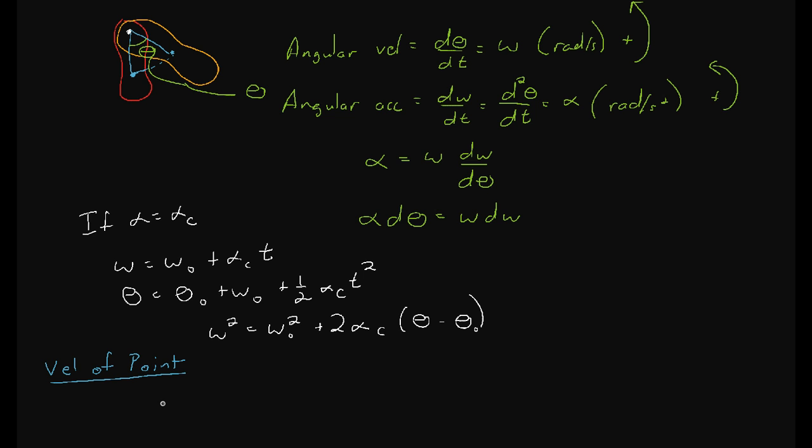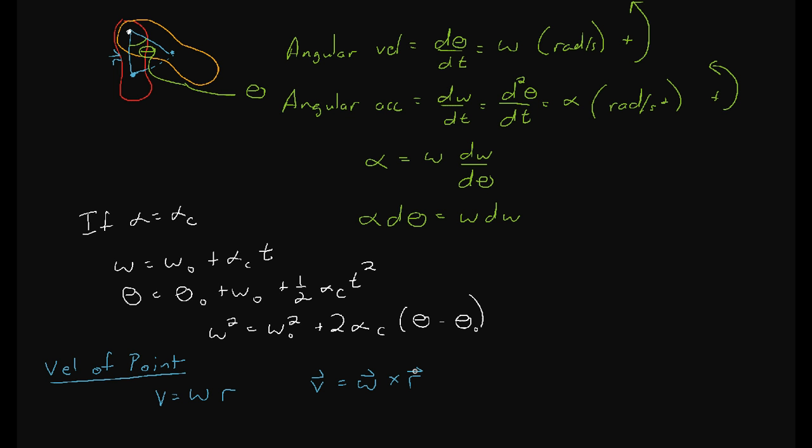So let's say you want to know the velocity of a point in general though. Here we have v is equal to omega r, where r is just your vector or your distance from your origin. This is just an equation that you have to remember. You can write it in vector form, velocity is equal to omega cross r, and I'll show you in a minute that this ends up being what you're looking for.